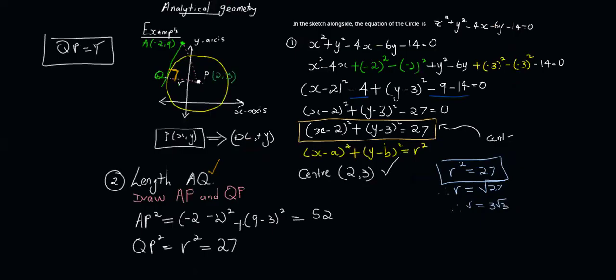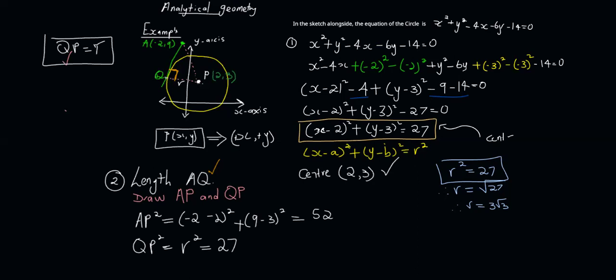Okay, cool. And then since that is QP, you ask yourself a question. Now we are happy with QP. Since QP is from center P to the circumference point Q, it means a line from P to Q, we call it R, which is the radius. All of us know that the radius is a line from the center of the circle to the circumference of the circle, from point P to Q.